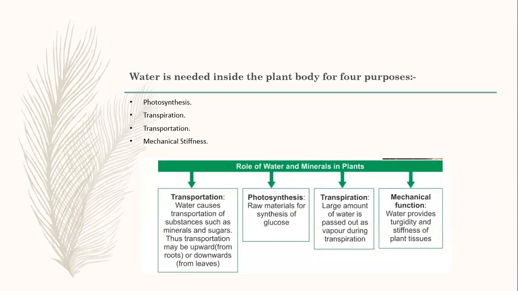Water is needed inside the plant body for four purposes, that are photosynthesis, transpiration, transportation, mechanical stiffness. Photosynthesis: water is used as a raw material for synthesis of glucose.